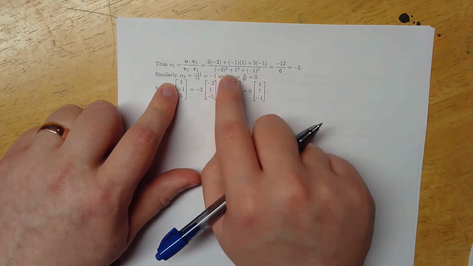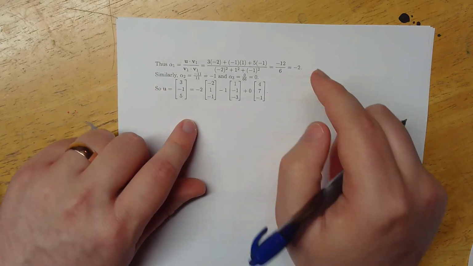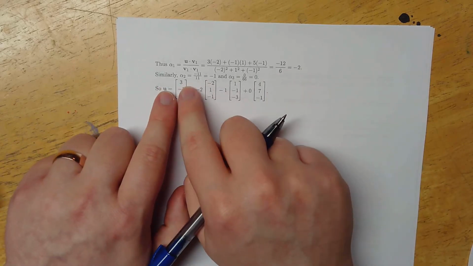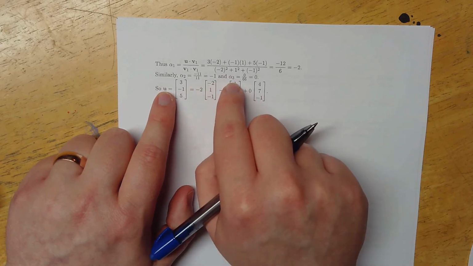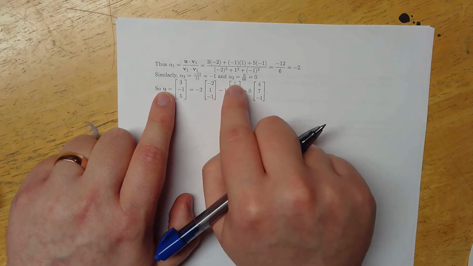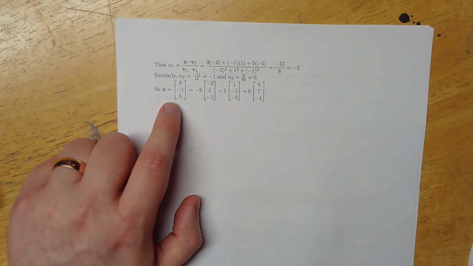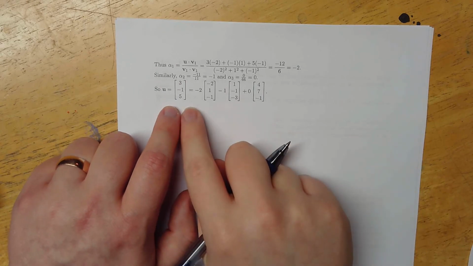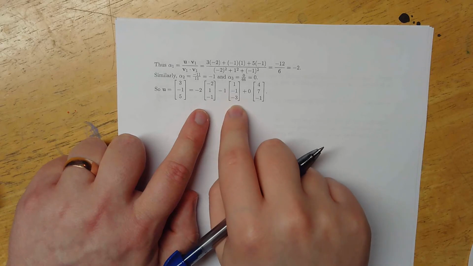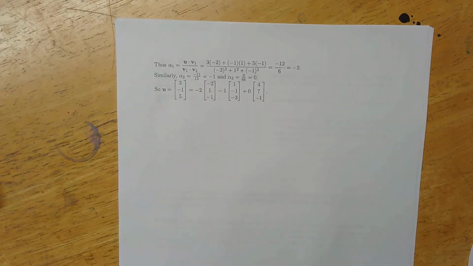In the denominator, we get 4 plus 1 plus 1. So that's negative 12 divided by 6, which is negative 2. We also could find alpha 2 and alpha 3 in a similar way. So alpha 2 will end up being negative 1, and alpha 3 will end up being 0. And so that means that u will be equal to negative 2 times the first vector plus negative 1 times the second vector plus 0 times the third vector.